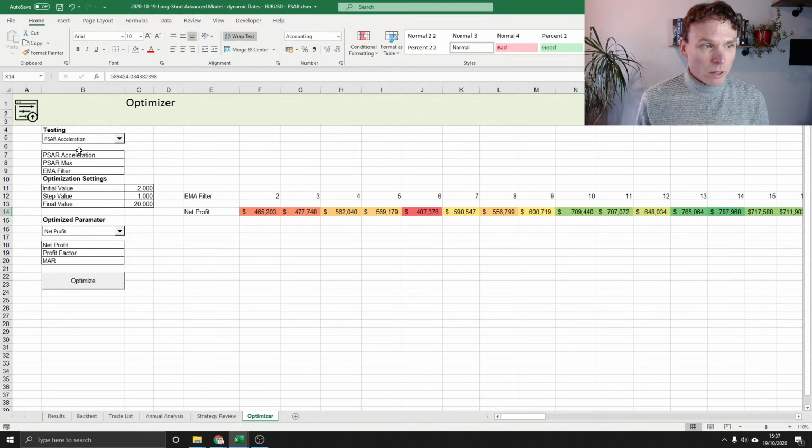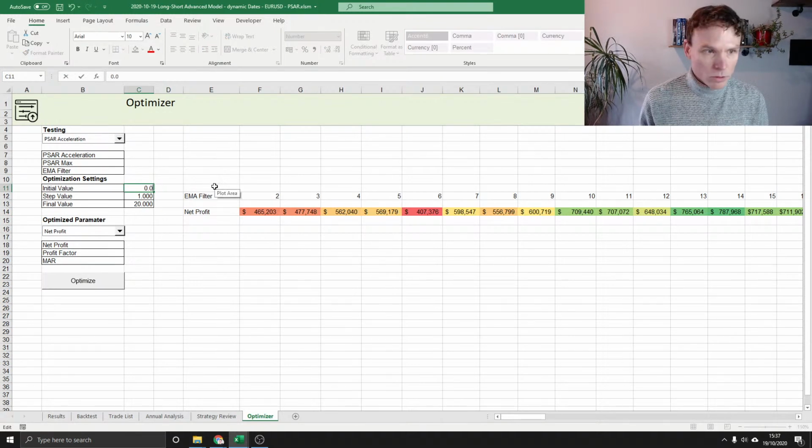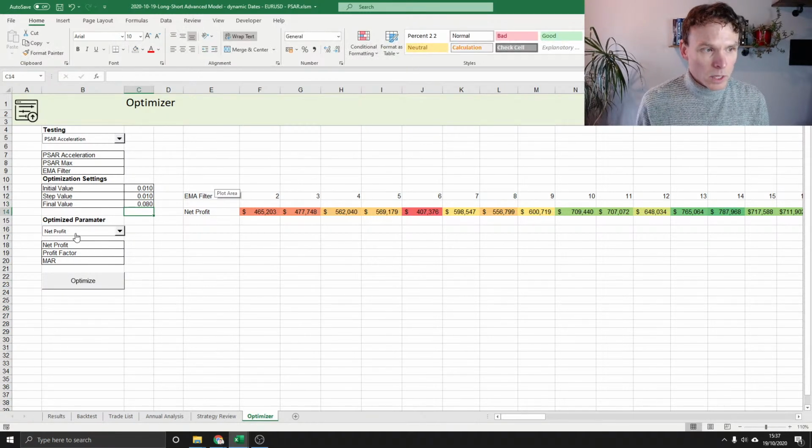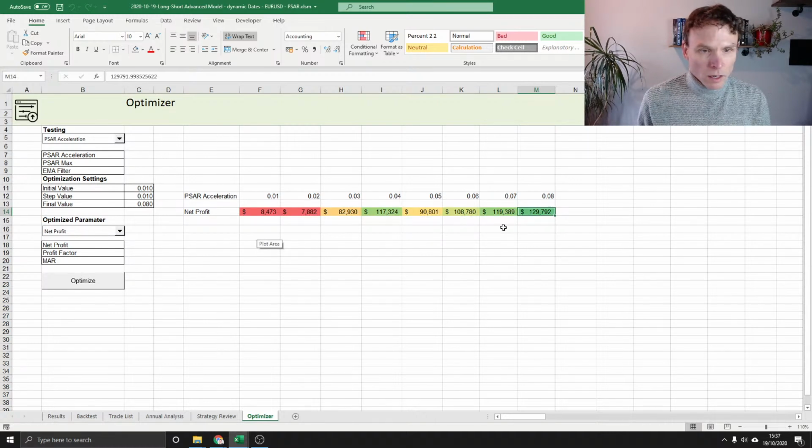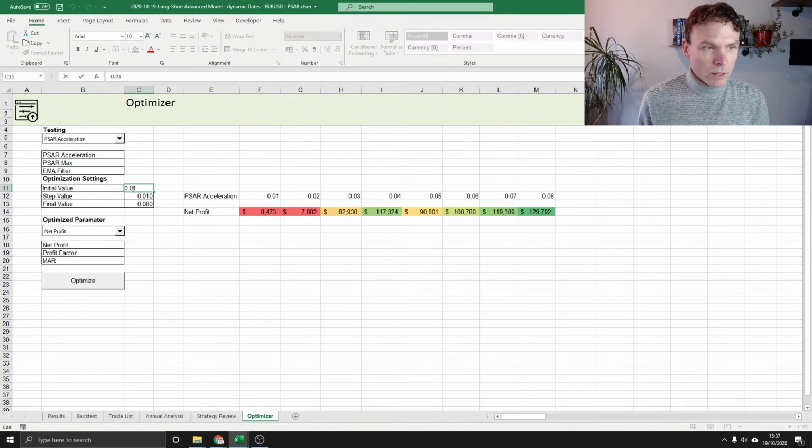I went through and looked at the acceleration. This is the PSAR indicator, and I started off with 0.01 and I went up to something like this, optimize for net profit, and hit optimize. I can see that there is probably better values on this side, so I went to something like this.